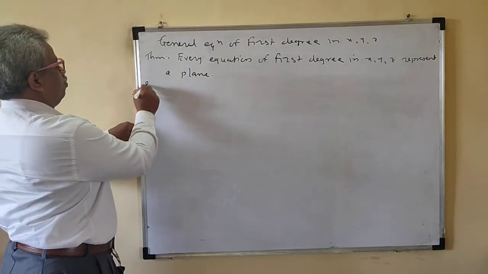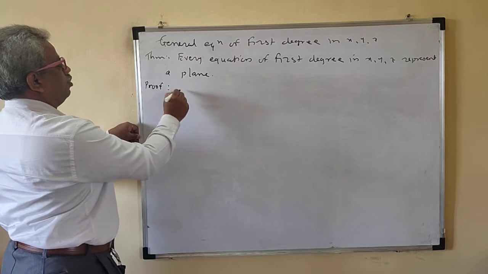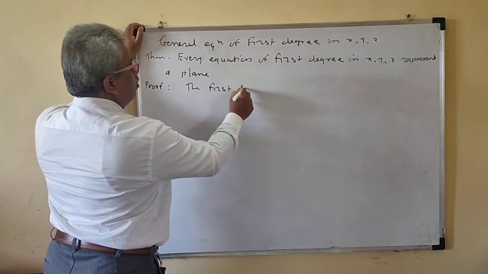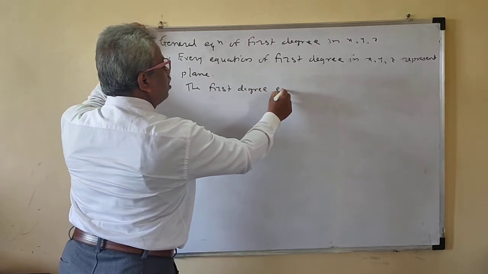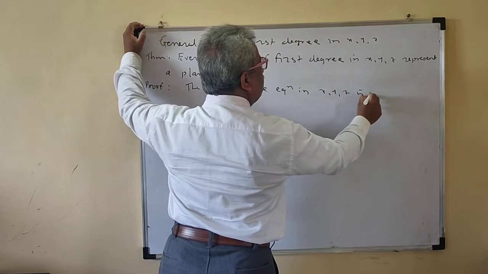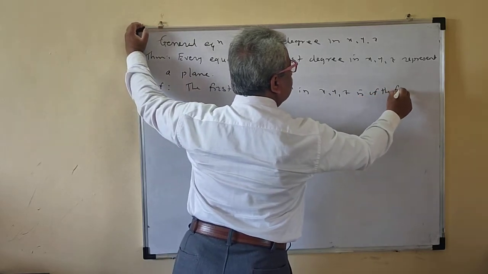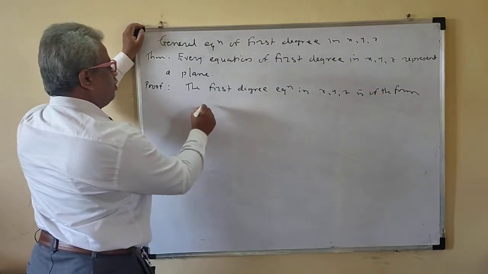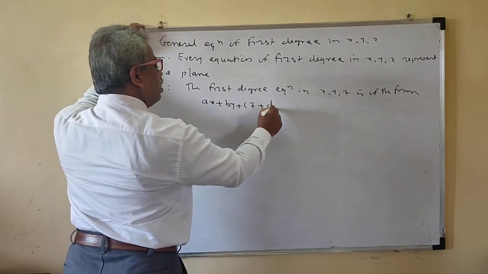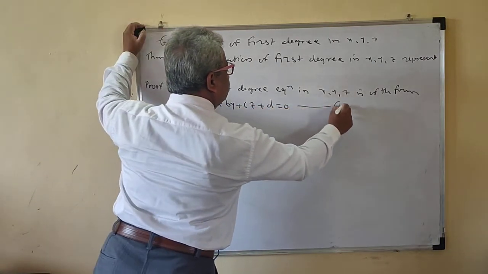Proof: The first degree equation in x, y, z is of the form ax plus by plus cz plus d is equal to 0.